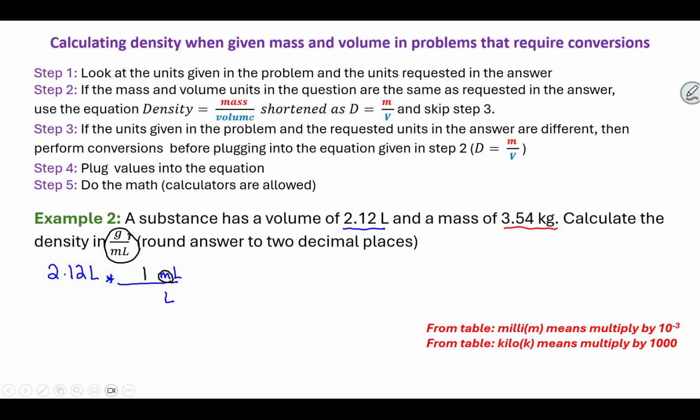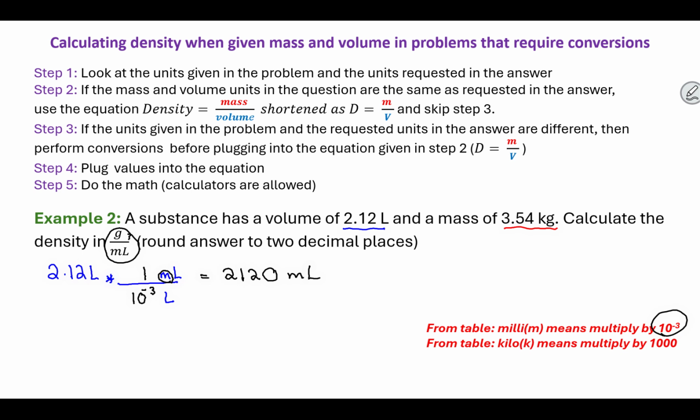And milli means multiply whatever it's in front of by 10 to the minus 3. So it's 10 to the minus 3 that goes in front of this base unit. And this equals 2120 milliliters.